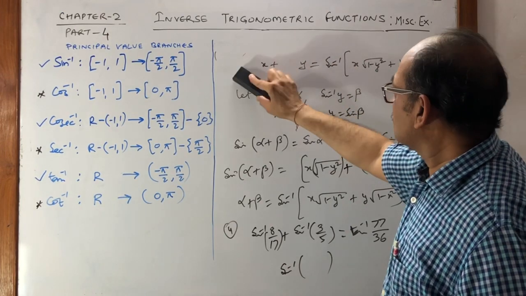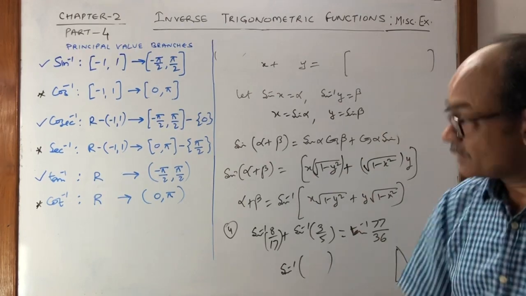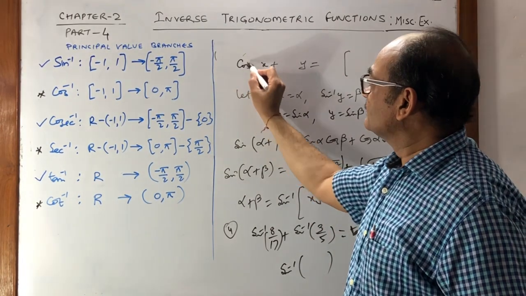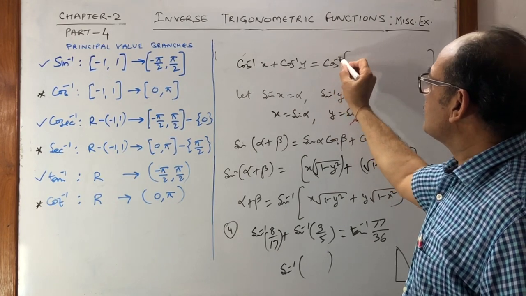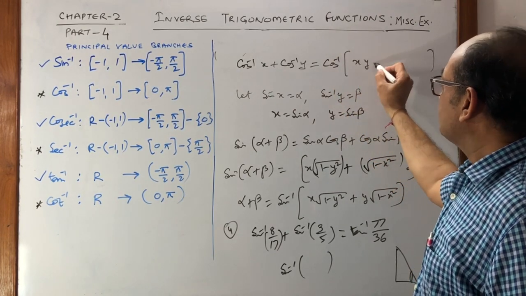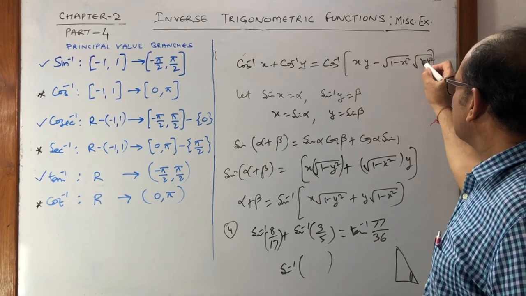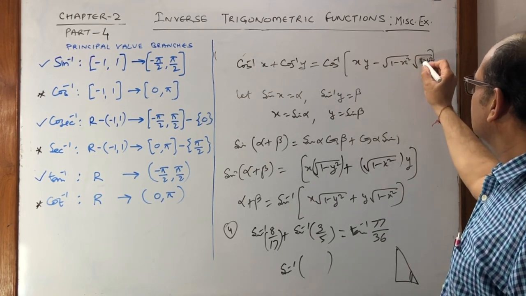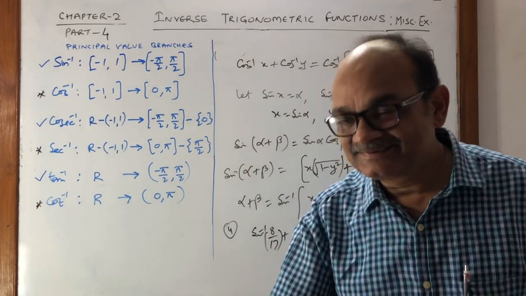Similarly, we can derive one more formula for cos inverse. How to solve cos inverse plus cos inverse? See, a small change. The formula of cos inverse x plus cos inverse y is cos inverse of xy minus root 1 minus x square root 1 minus y square. Why? The reason is very clear, again from class 11th.